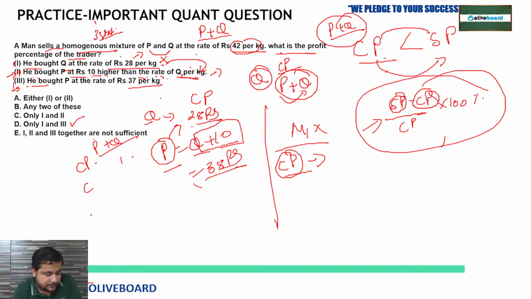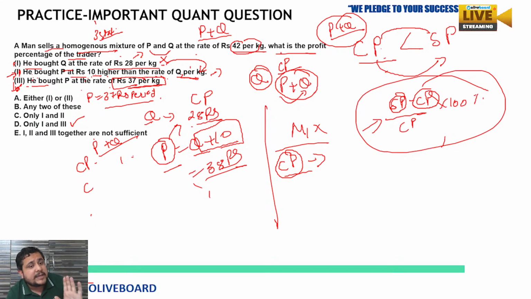Tell me first. One thing I am asking all of you to think about: we have the cost price. If I talk about statement third, he bought P at the rate of 37 per kg. So here we get P as 37 rupees per kg. So third alone is not sufficient.